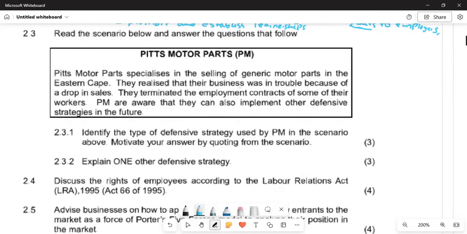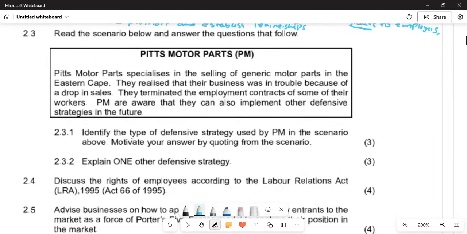They realized that their business was in trouble because of a drop in sales, so they terminated the employment contracts of some of their workers. PM are aware that they can also implement other defensive strategies in future. Question 2.3.1 says, identify a type of defensive strategy used by PM in the scenario above. Motivate your answer by quoting from the scenario.